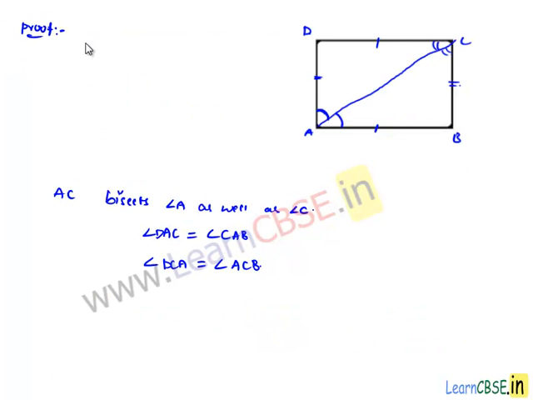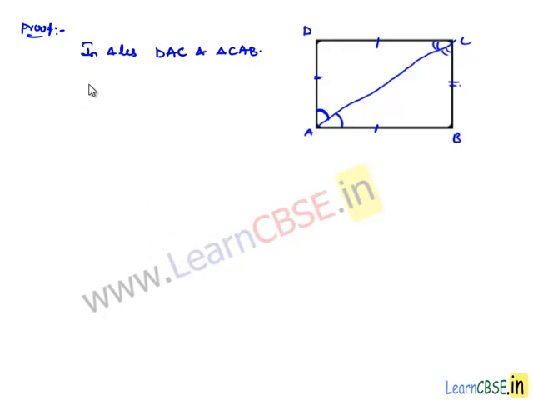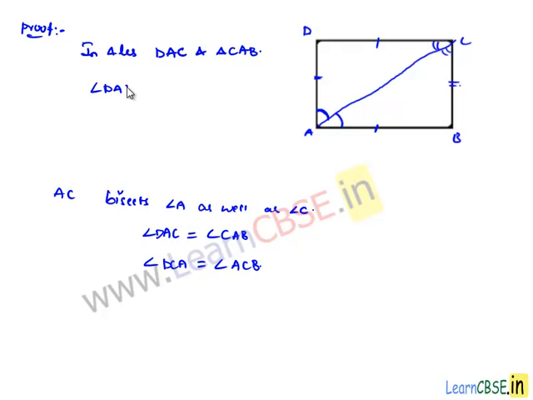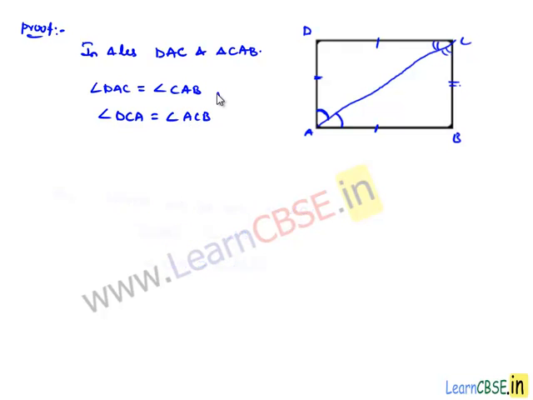Now in triangles DAC and triangle CAB, if we observe, angle DAC is equal to angle CAB and angle DCA is equal to angle ACB, since it is given that AC bisects angle A and angle C, and in these two triangles AC is equal to AC, which is common side for both the triangles.